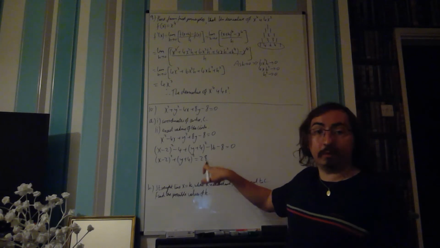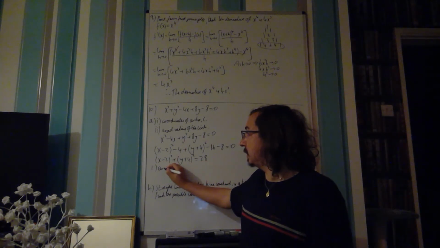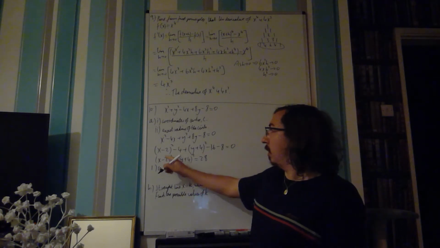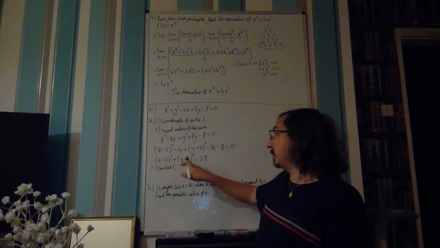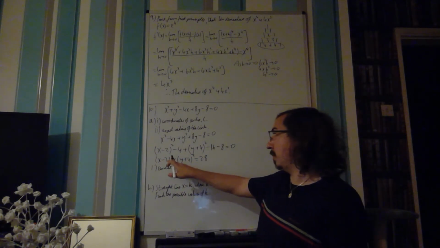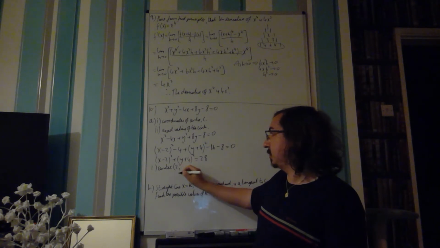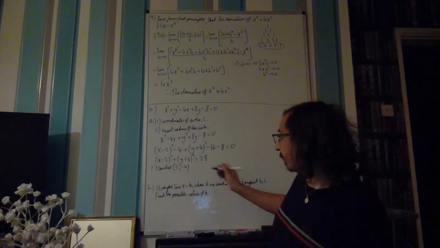This is the useful form for us, because we can now take out our centre. Now remember, when you take the coordinates of the centre, it's the values that will make these brackets both go to 0. So the first one is going to be a plus 2 there, and the second one a minus 4 there for the y.